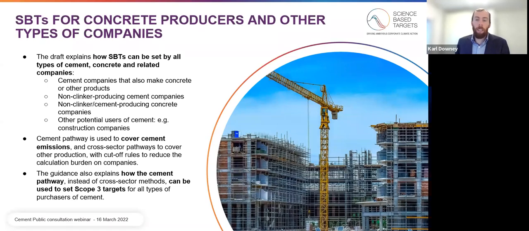So we're talking about cement companies that also make concrete and other products, cement companies that don't produce their own clinker, but just purchase it, concrete companies that don't produce their own clinker or their own cement, and then other potential users of cement, so construction companies that may buy cement. So the guidance lays out how all of these types of companies can use the tools to set their targets.